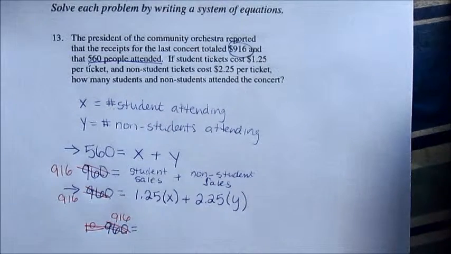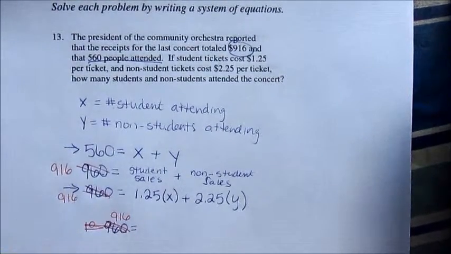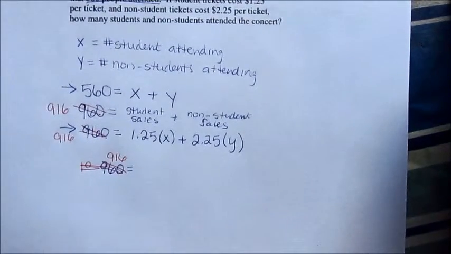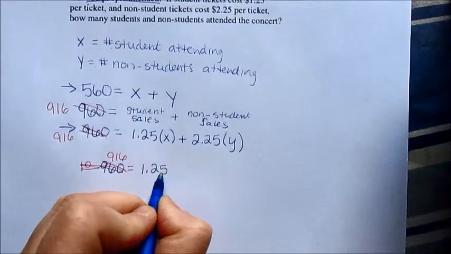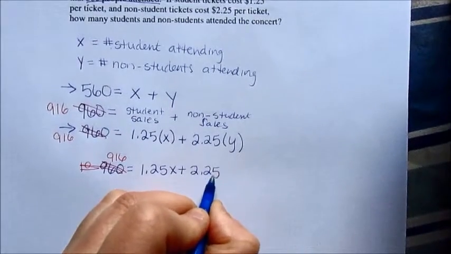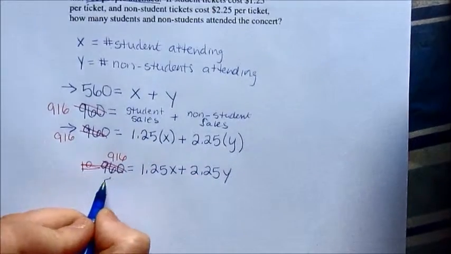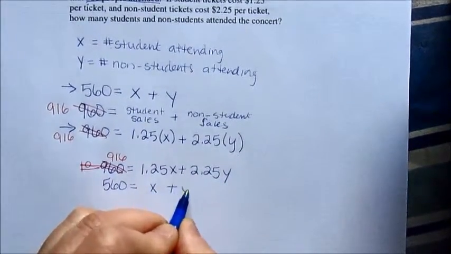They looked just too much the same, so I went back and looked at my numbers. 916 equals 1.25x plus 2.25y. Also, 560 equals x plus y.